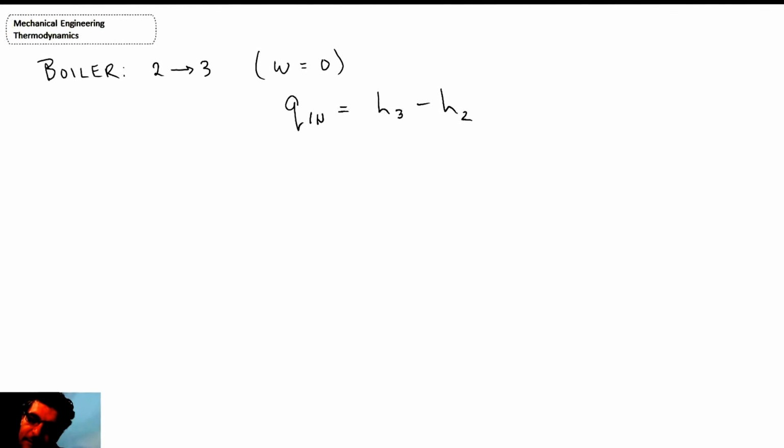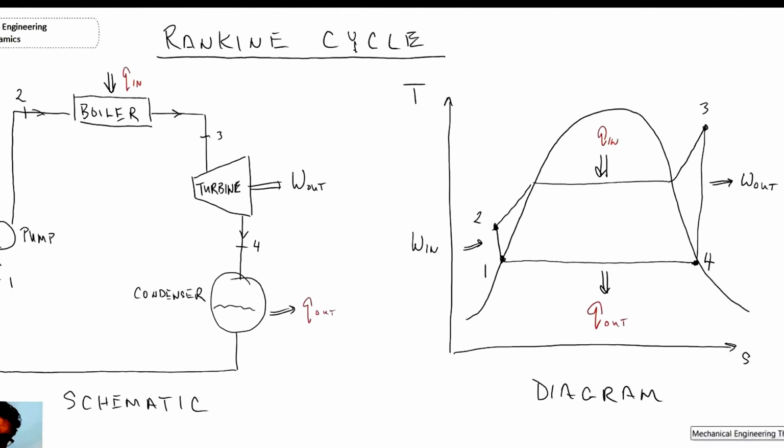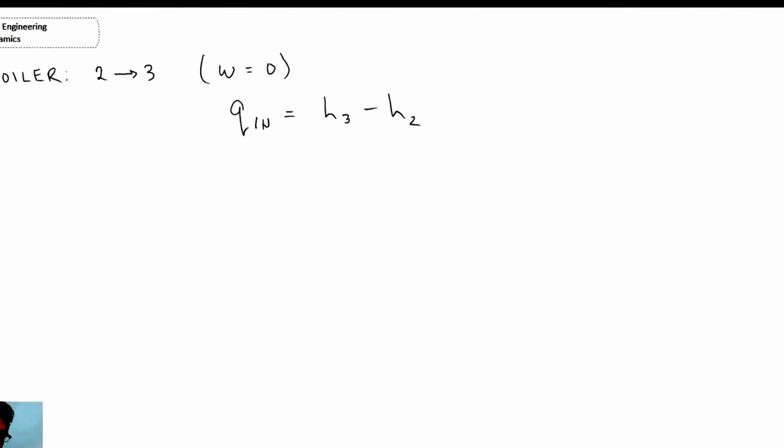That's what's making it work. However, there's no work in the boiler, so we can write work is equal to 0. The steady flow version of the first law turns out to be pretty simple. It's just the change in enthalpy across the boiler between state 3 and state 2.